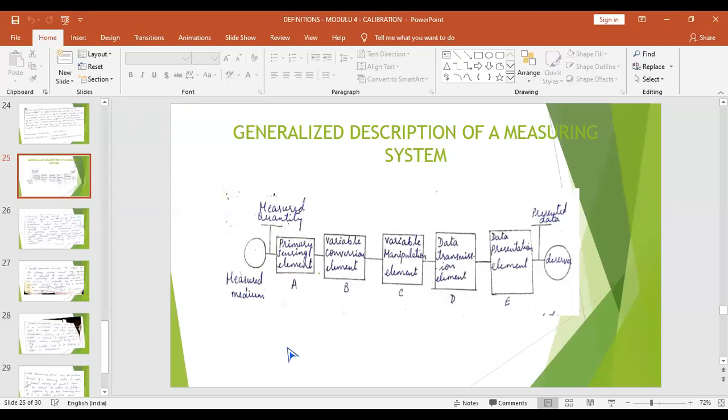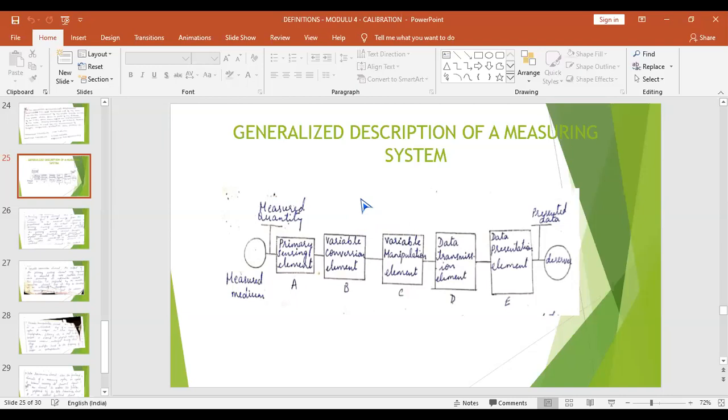First, consider that the measured medium is the bending strain. The measured quantity is strain, which has no unit because it is the ratio of the change in dimension to the initial dimension.